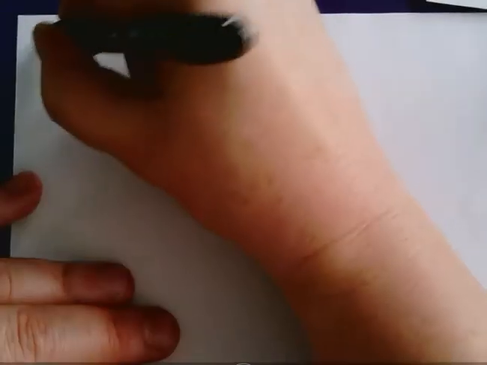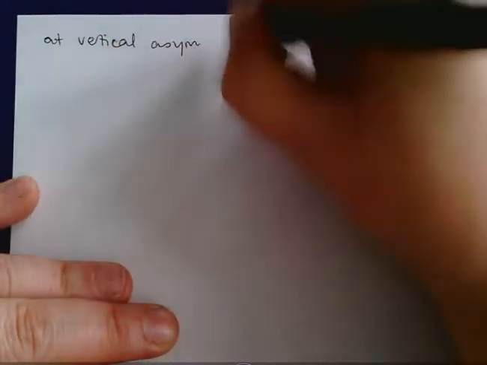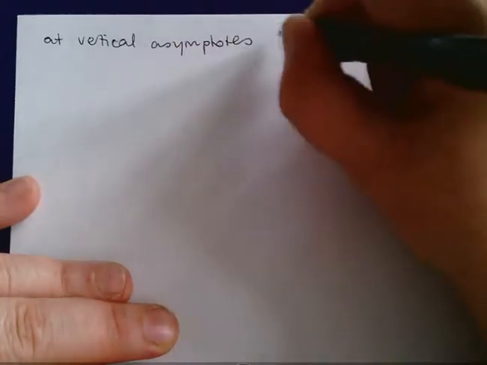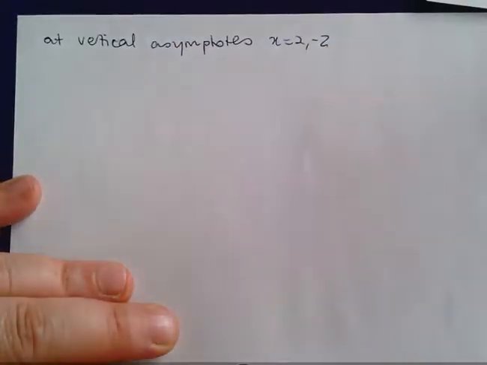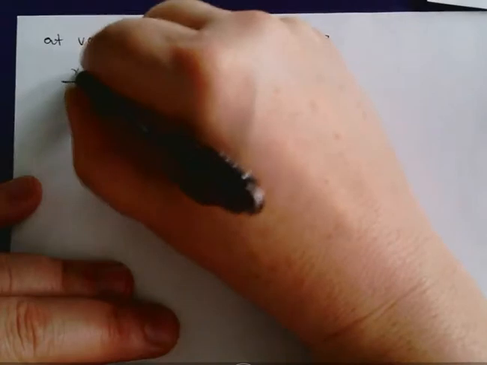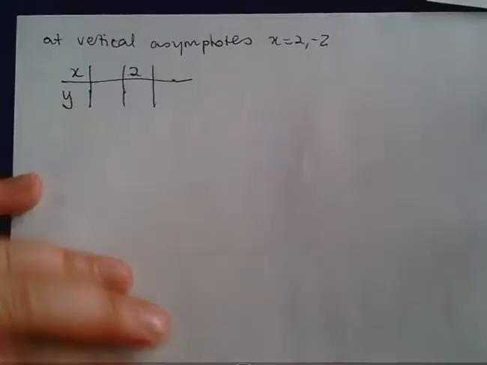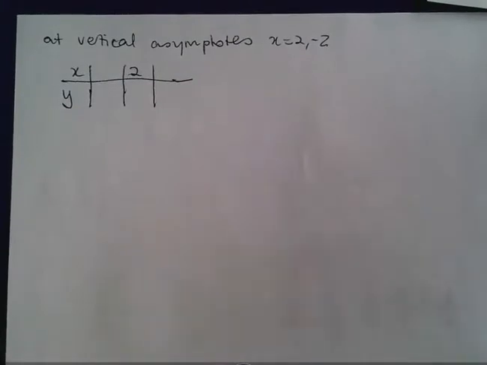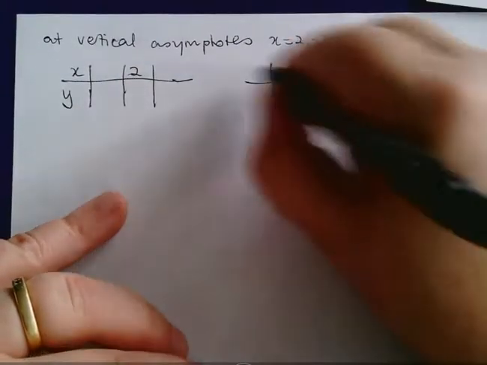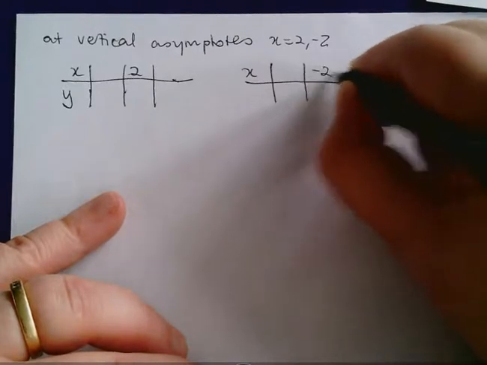So at vertical asymptotes, x is 2 and negative 2. Let's have a look. X is 2. We're just looking at the values of the function here, not y dash, not y double dash. And then we've also got negative 2.